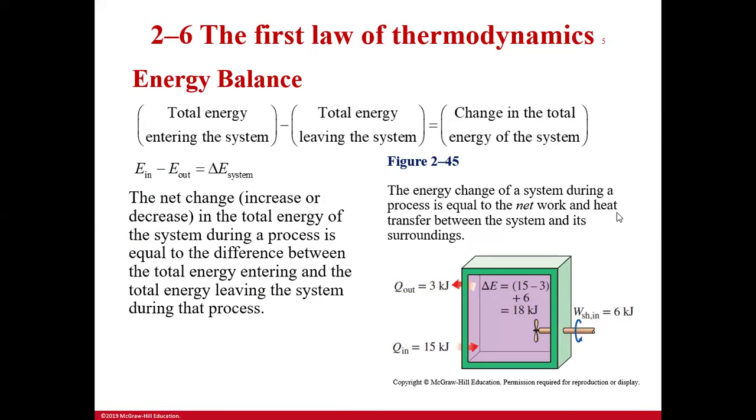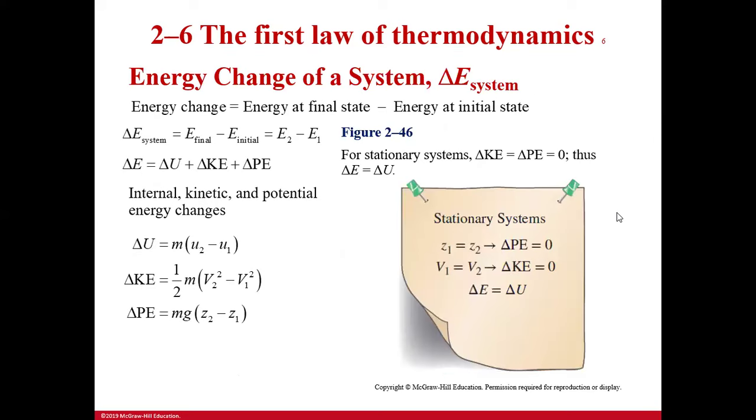So energy balance is energy in minus energy out is equal to the total change in energy of the system. Change in internal energy, delta U, is equal to mass times (U2 minus U1). Change in kinetic energy is half m times (v2 squared minus v1 squared), where 2 is the final state and 1 is the initial state.